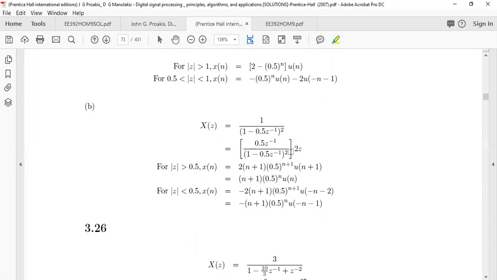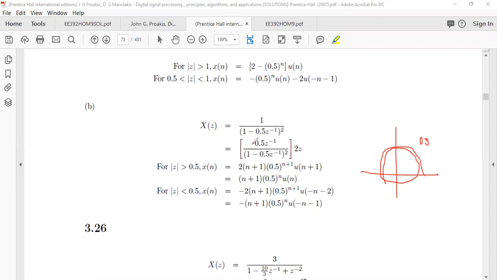And then based on this, we can use the anti-causal properties that are given in the textbook. Based on that, we get these two signals, right? It is for |z| greater than 0.5. So basically, if you draw the region of convergence for this, that would be just a circle of radius 0.5, right? So there could be two possible signals that are going to give us the Z transform given in the textbook.